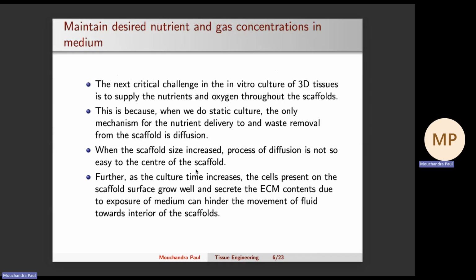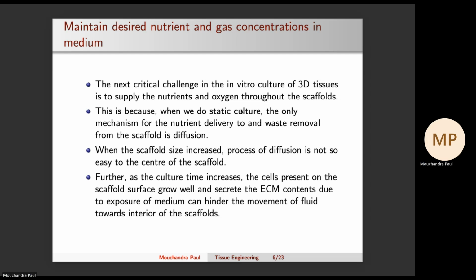The next goal of using a bioreactor is to make sure that the desired amounts of nutrients and the required oxygen concentrations are maintained at all times. So that is the challenge, basically. If we do static culture, we are relying on the operator to change the media once or twice a day, depending on how many cells he or she has used.